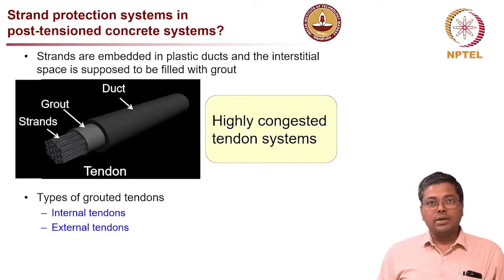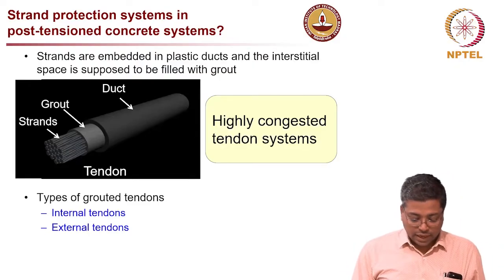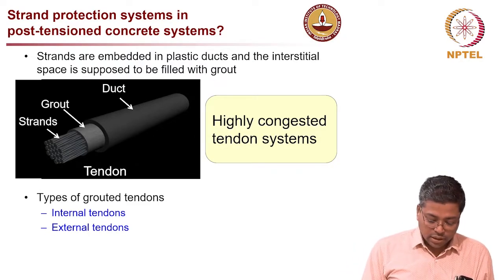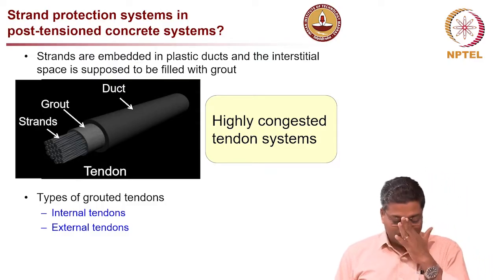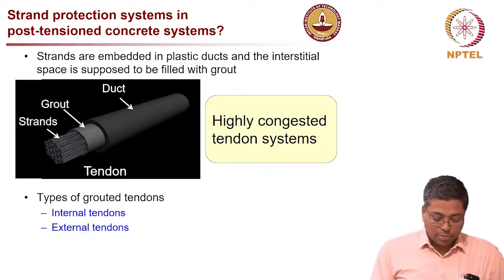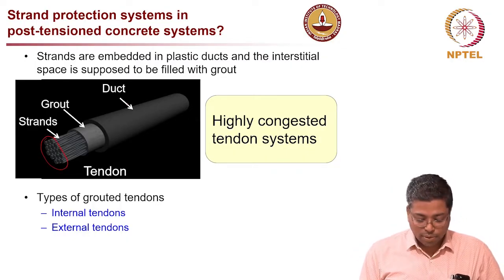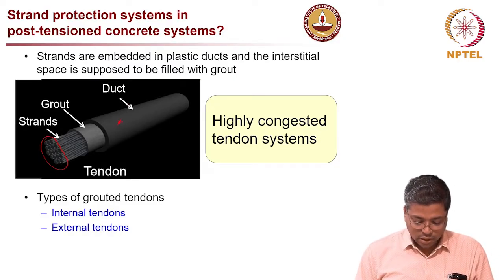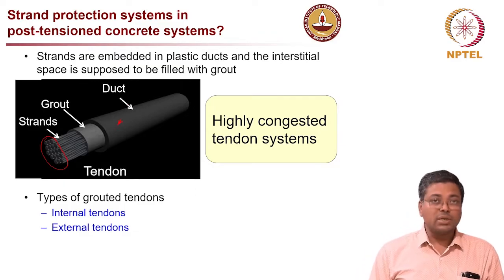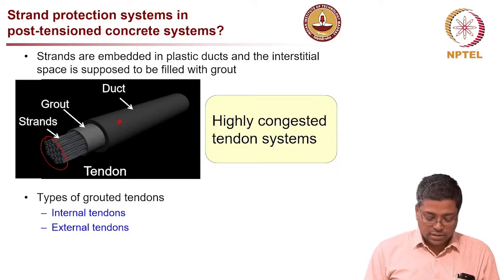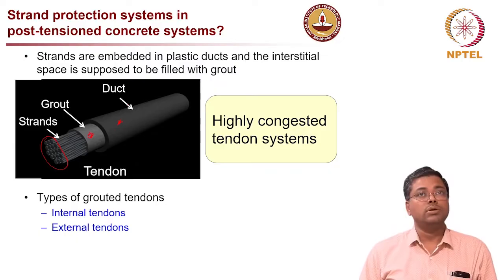When you look at the strand alone, each tendon is made of about 19 strands, or depending on the diameter of the tendon, you will see that multiple strands are placed inside a duct, a plastic or high density polyethylene duct, which is this one. And then the space in between the strand and the duct is filled with cementitious grout.